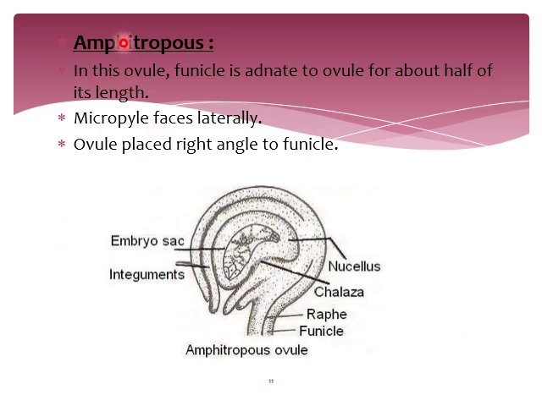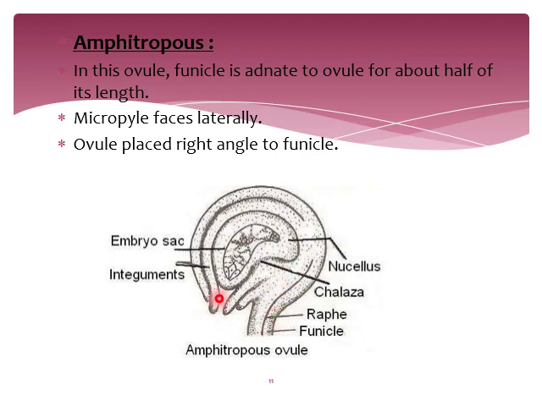The next type of ovule is amphitropous ovule. In this type of ovule, funicle is adnate to ovule for about half of its length.